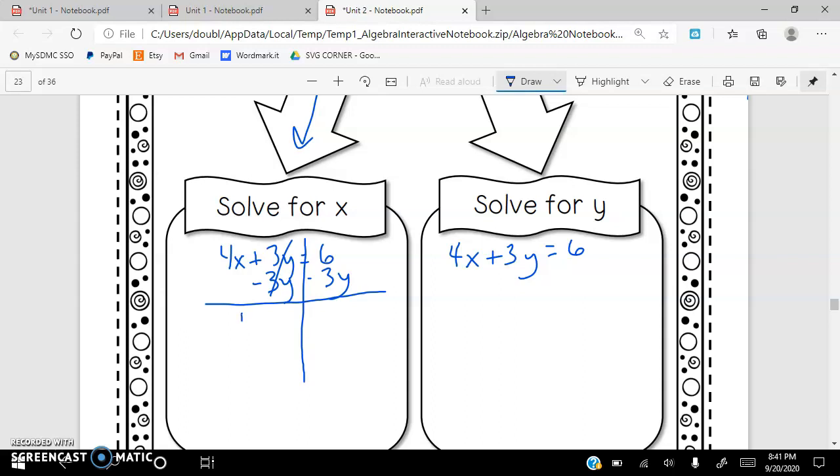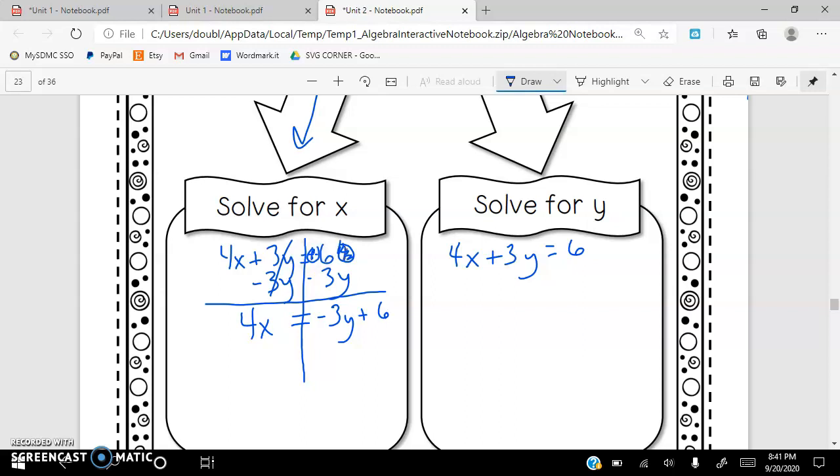Okay, now we have 4x equals negative 3y plus 6, because we cannot combine these two numbers because the 6 doesn't have a y on it. And we say plus because it's a positive 6.